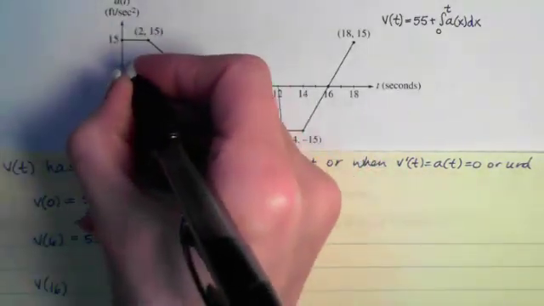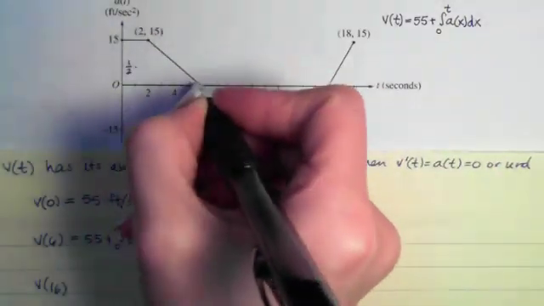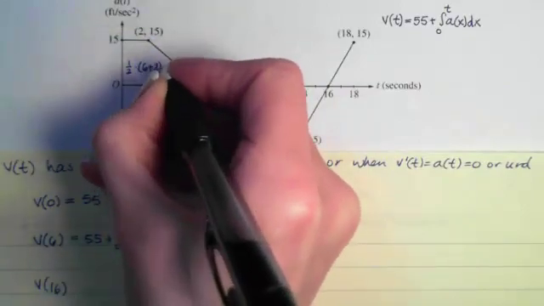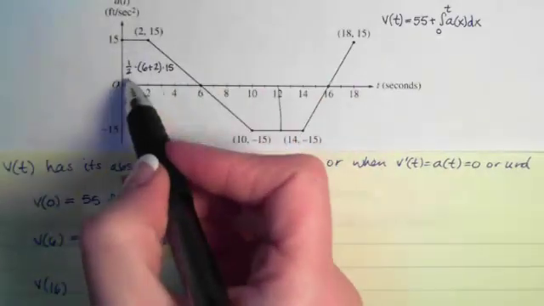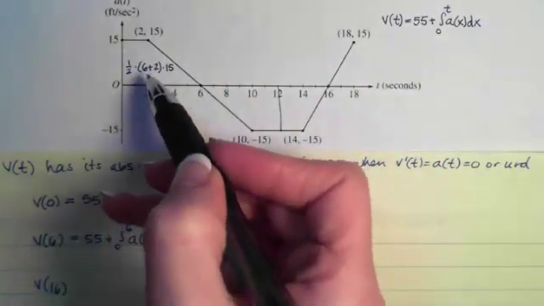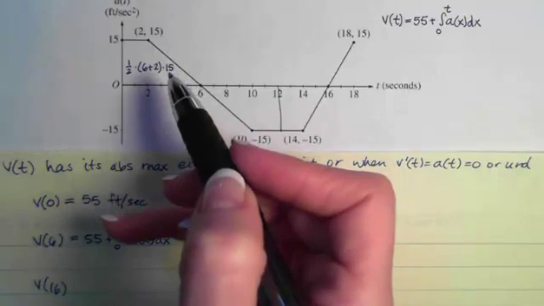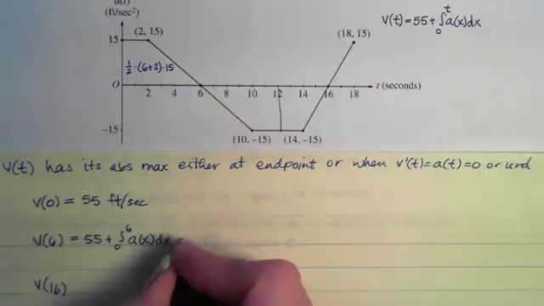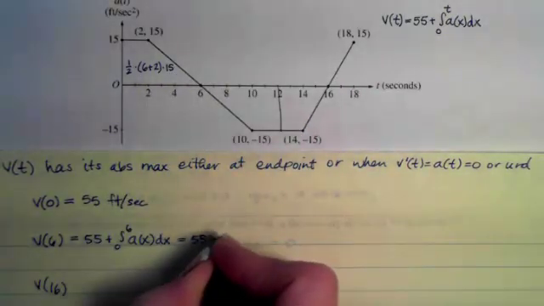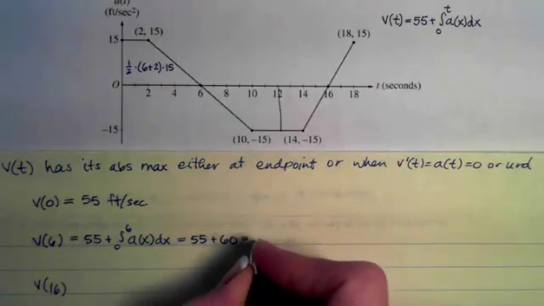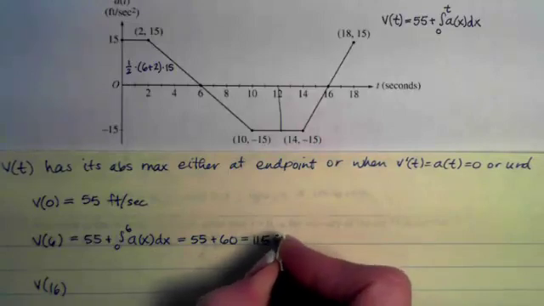So that's going to be a 1/2 times a 6 plus a 2 times a 15. So I get a 1/2 of an 8. That's a 4 times a 15 gives me 60 plus 55. So I end up with 115 feet per second.